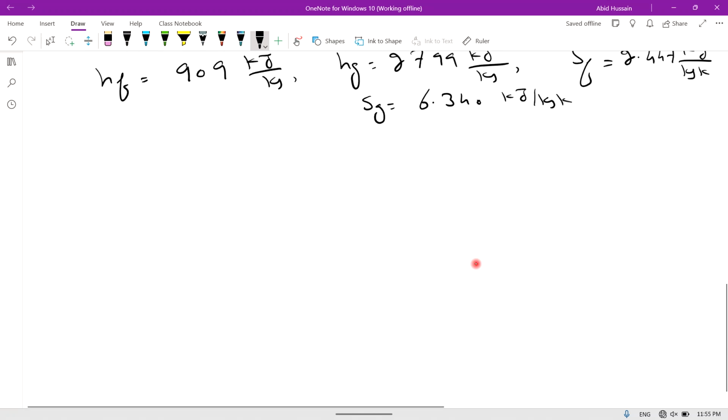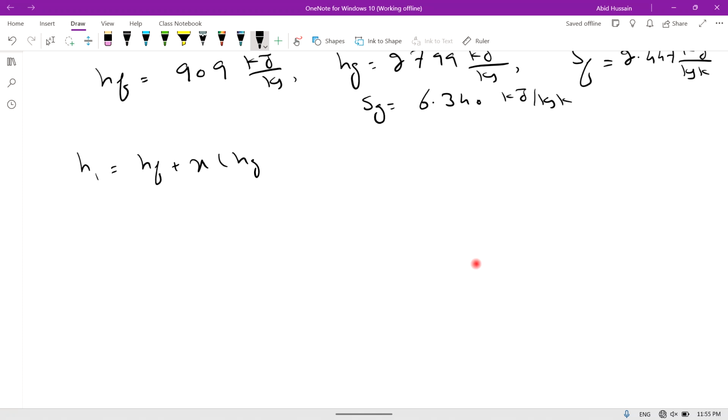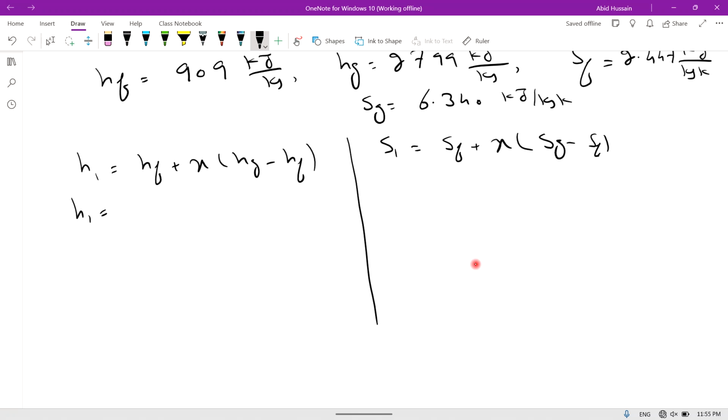Now we find H1. H1 is Hf plus X times Hg minus Hf, and S1 is equal to Sf plus X times Sg minus Sf. Putting values in these equations, H1 is equal to 909 kilojoule per kg plus 0.9 times 2799 kilojoule per kg minus 909 kilojoule per kg.